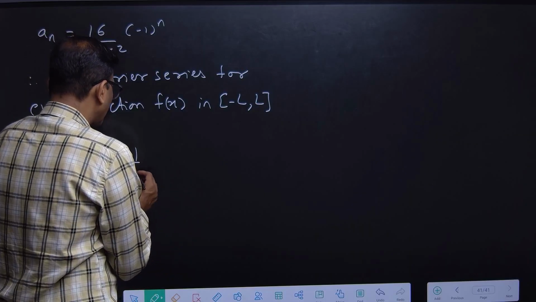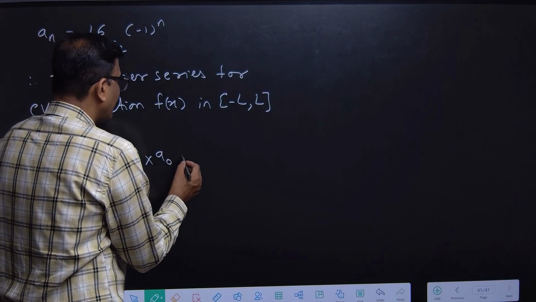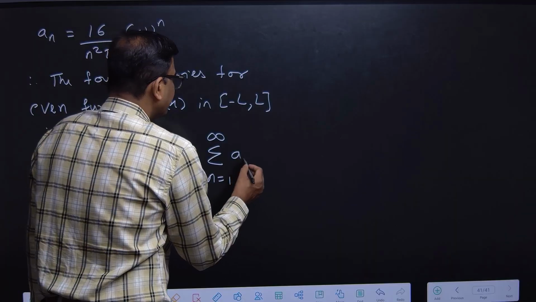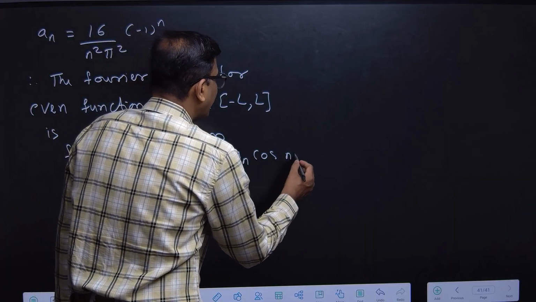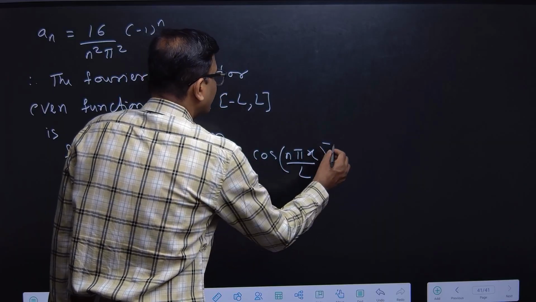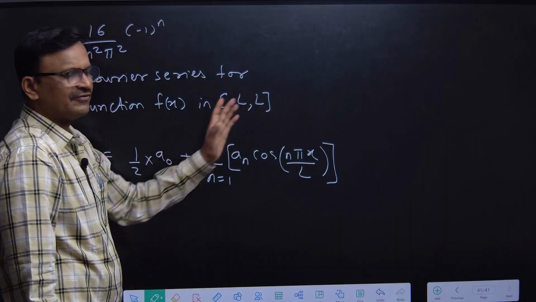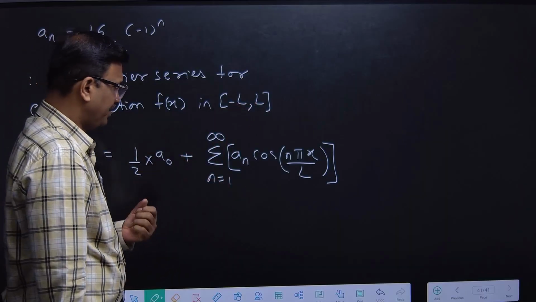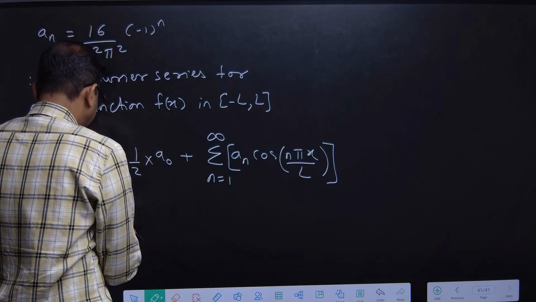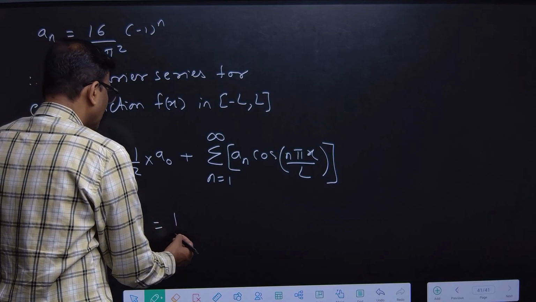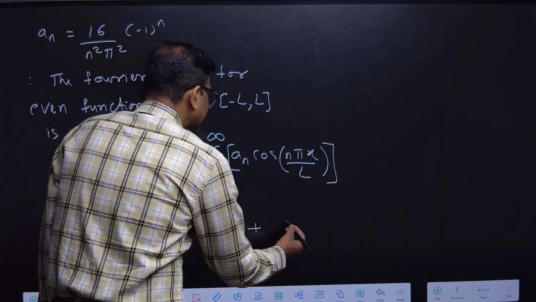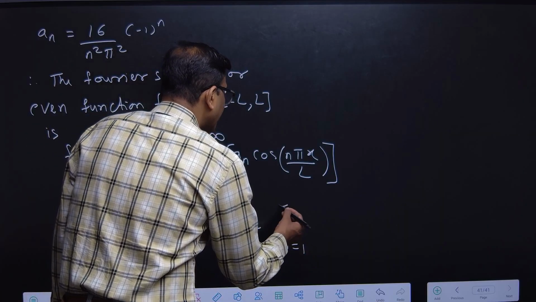You can write a0 upon 2, or you can write as 1 upon 2 into a0 plus summation n is 1 to infinity an cos of n pi x upon L. See, this is the formula to find Fourier series for an even function f of x in the interval minus L to plus L. Now, if you substitute the respective values, our f of x in this problem is x square minus 2, a0 we have got as minus 4 by 3 plus summation n is 1 to infinity.